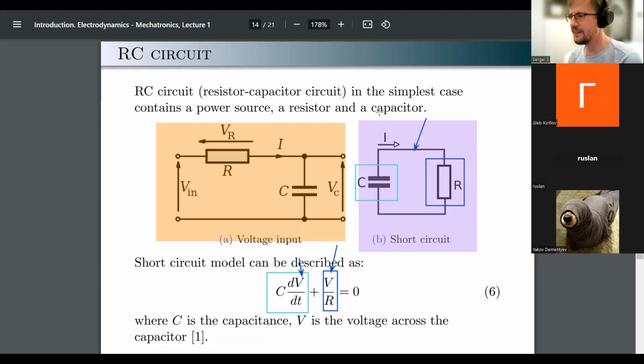This part describes the elementary behavior of the capacitor, exactly like previously L times di dt described the elementary behavior of an inductor.